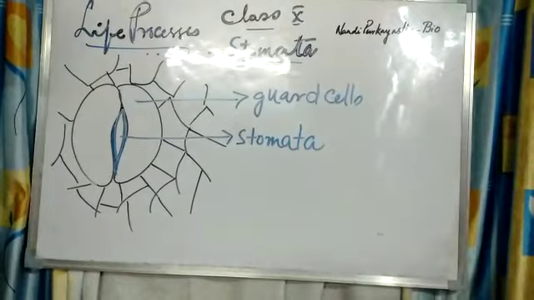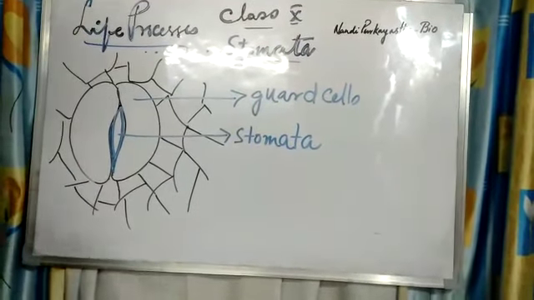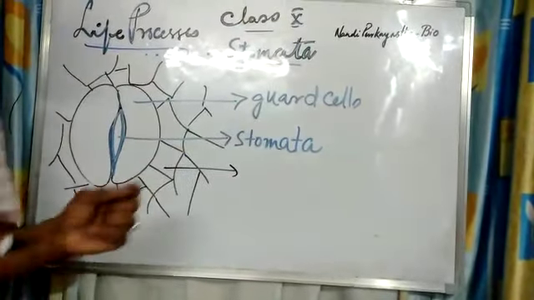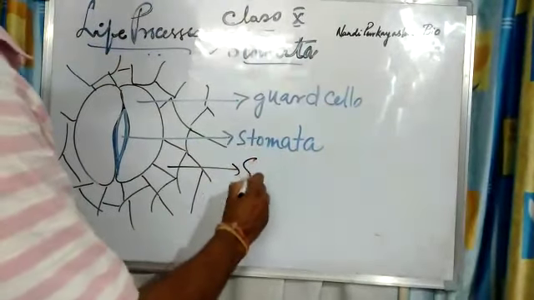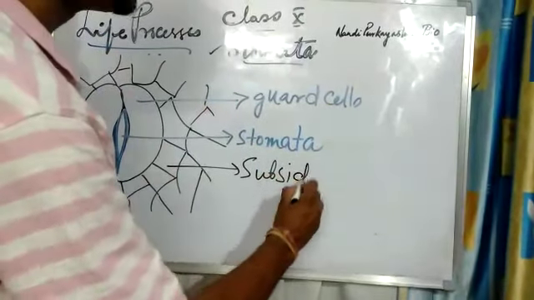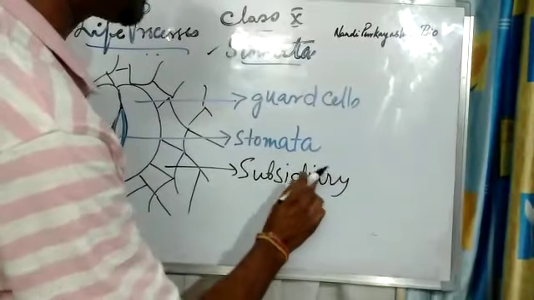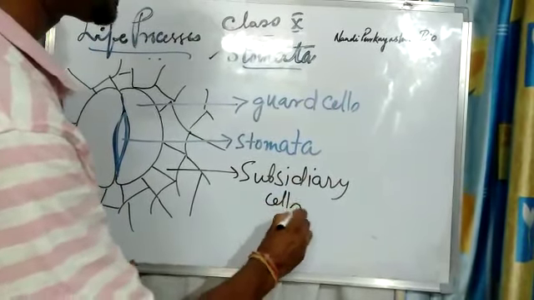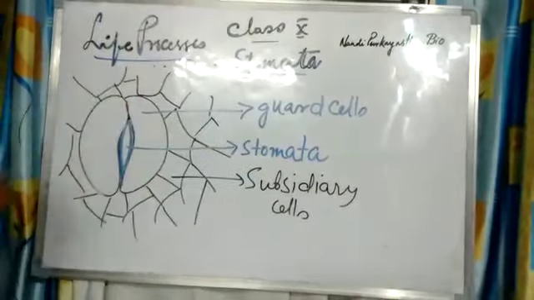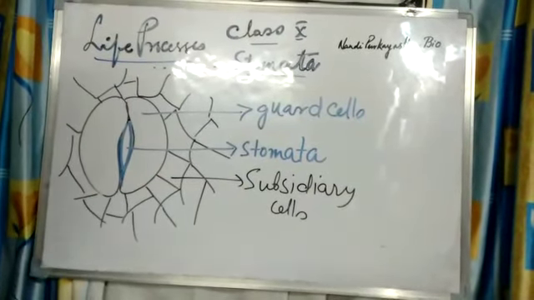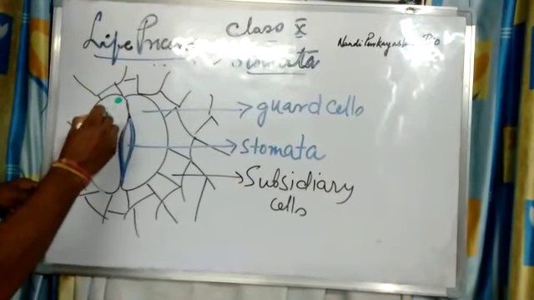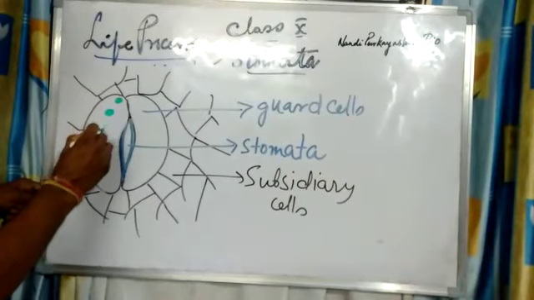Now surrounding the guard cells, many cells are there. These are called subsidiary cells, S-U-B-S-I-D-I-A-R-Y, subsidiary cells. So guard cells are two, subsidiary cells are many. Along with that, we are finding another thing here. In the guard cells, there is the occurrence of chloroplast.